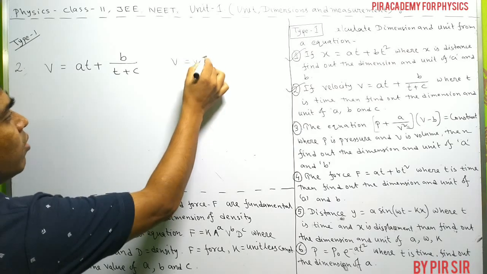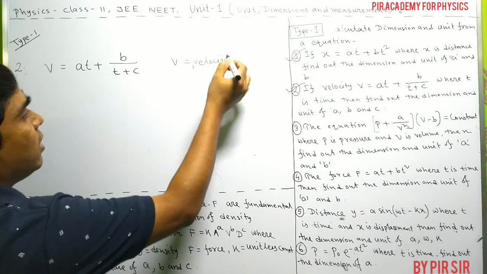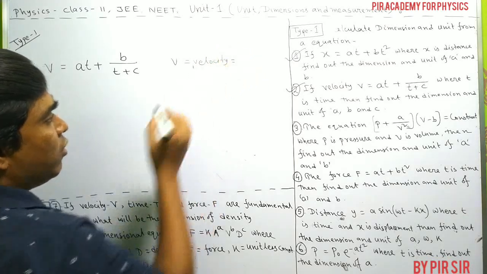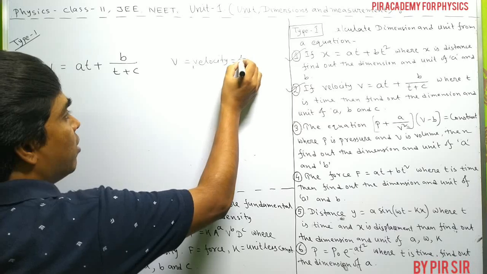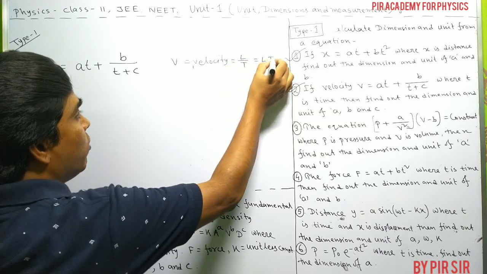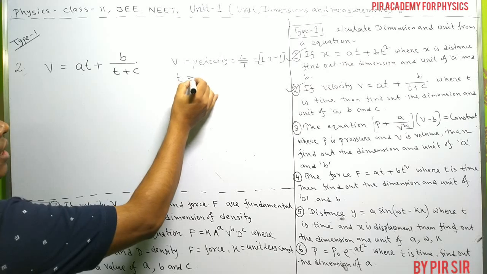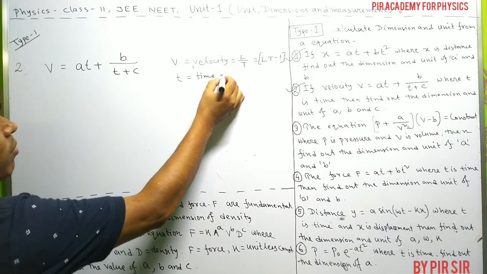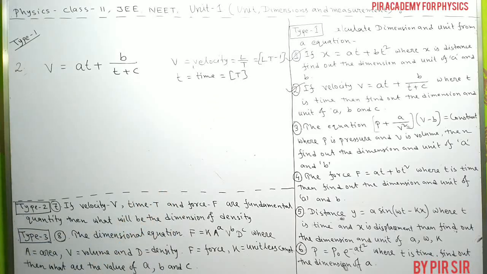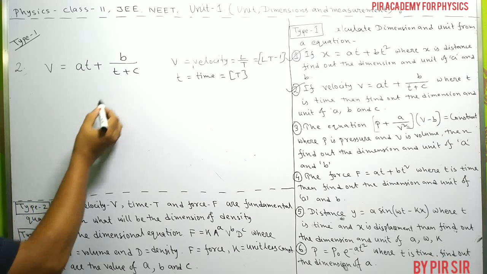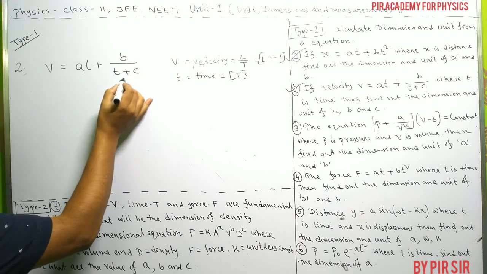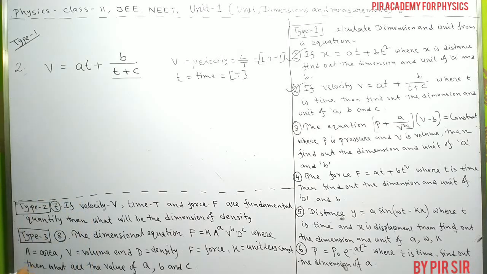Velocity means displacement by time, so the dimension of velocity is L T to the power minus 1, and t is time, so the dimension of t is capital T. Here you can also notice that this quantity c is added with t.